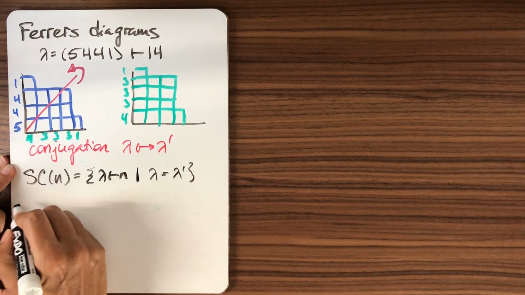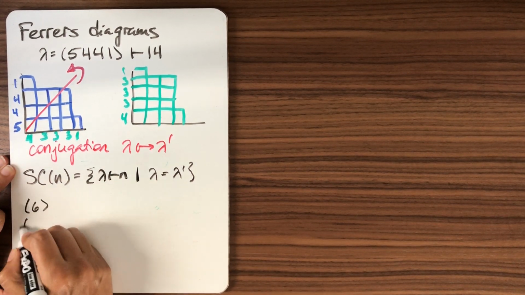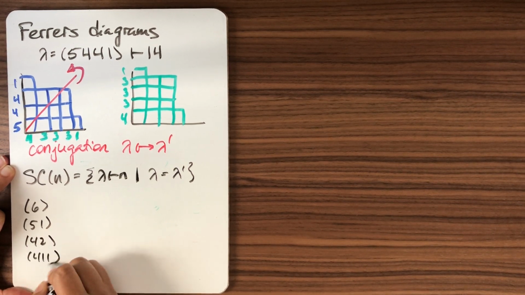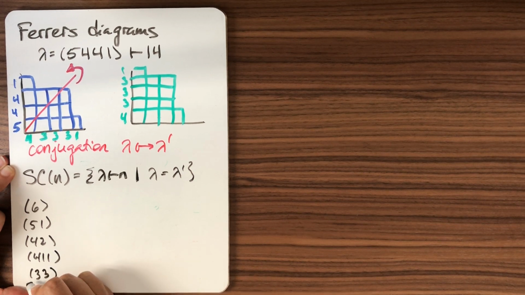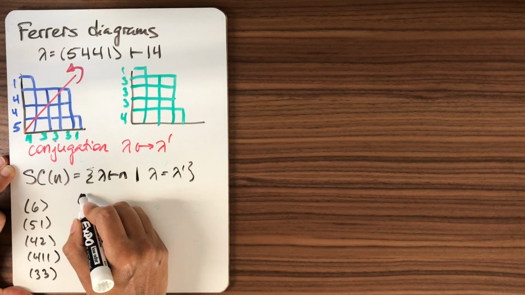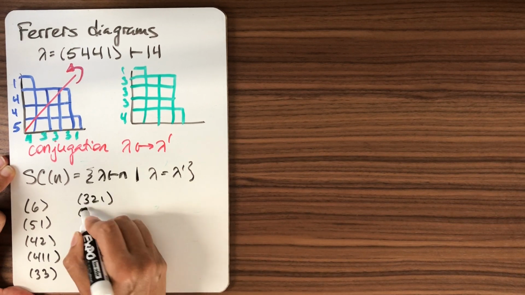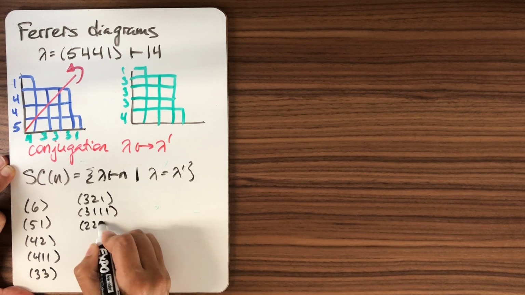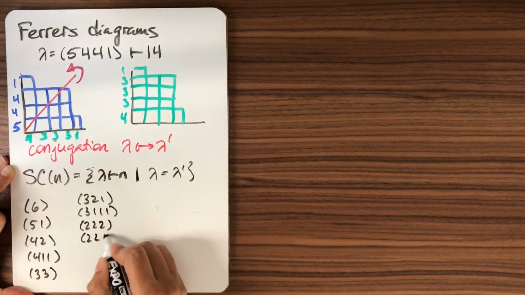For example, we enumerated the partitions of 6 last time. Let's do that again lexicographically so that we remember how the lex order on partitions works. This is a really useful total order to put on partitions. Let's start up here. 3, 2, 1, 3, 1, 1, 1. Those are all the ones that start with a 3. Now we're going to go with a 2.